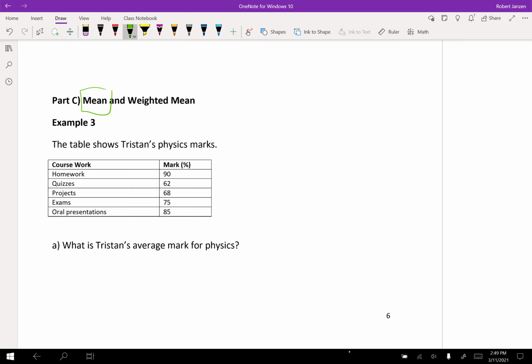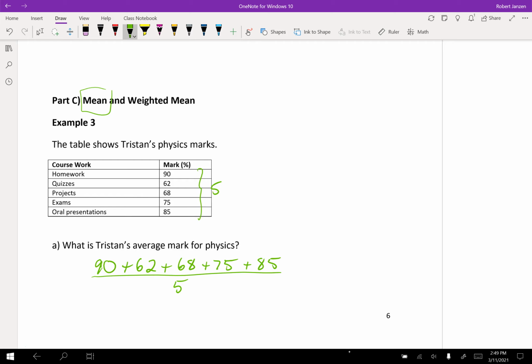Okay, so here it gives you a bunch of marks, and it says these are the marks. What is the average mark? Okay, how do you find the average? Well, you take the number of marks, there's 5 of them, add them up, and then divide by 5, because there are 5 numbers.